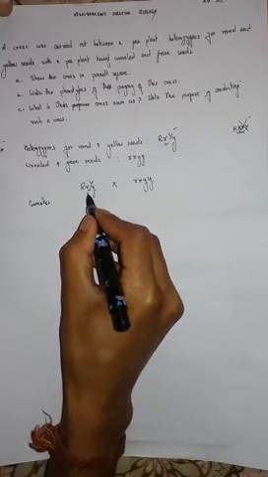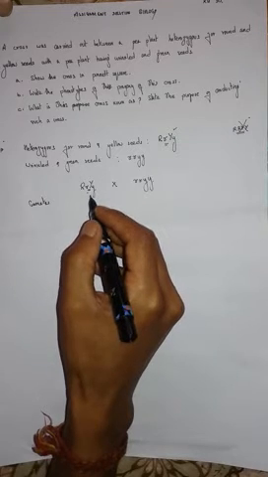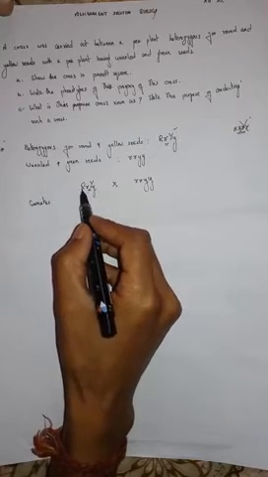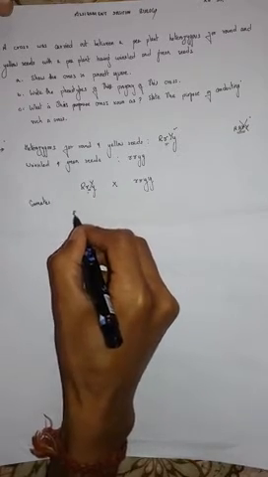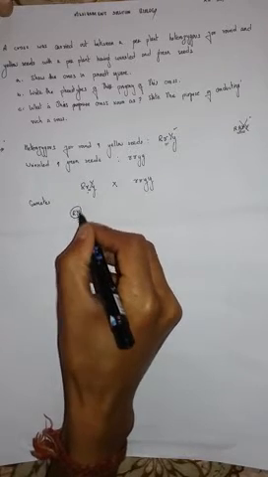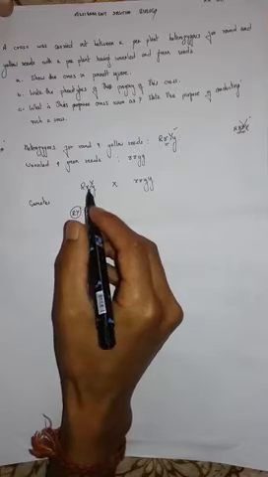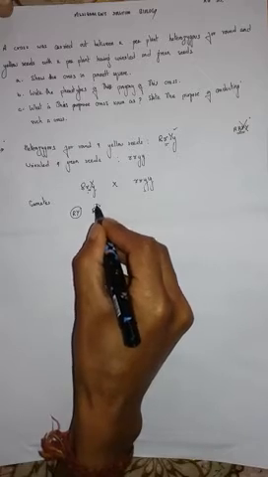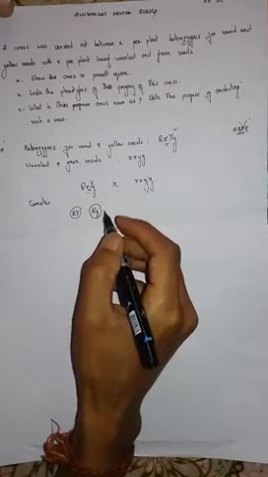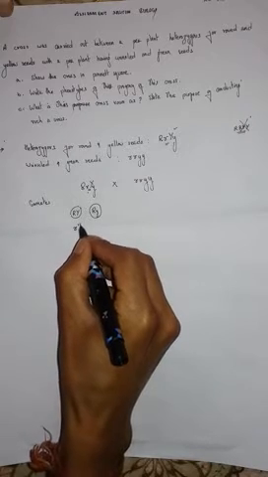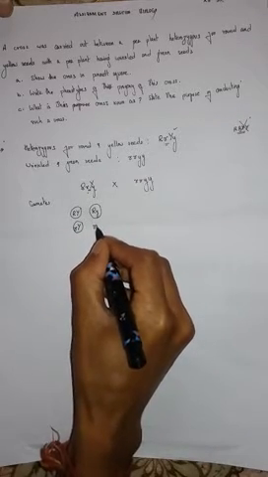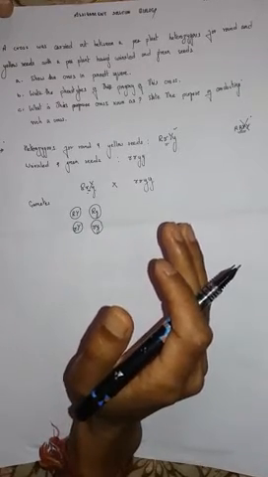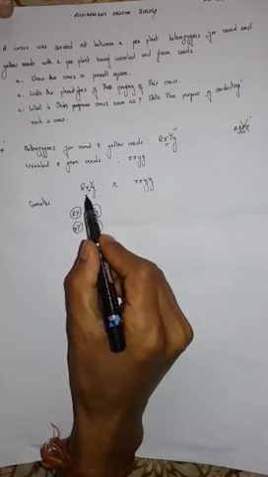Since the alleles are heterozygous, the first gamete will contain the alleles capital R, capital Y. The second gamete will contain capital R, small y. The third gamete will contain small r, capital Y, and the fourth gamete will contain small r, small y. These are the four types of gametes produced from heterozygous round and yellow seeds.